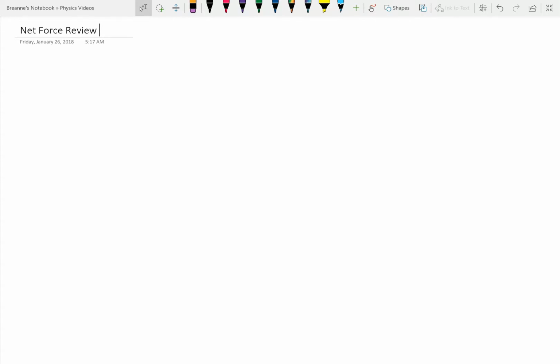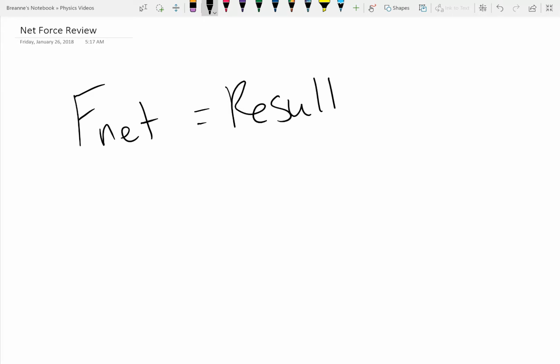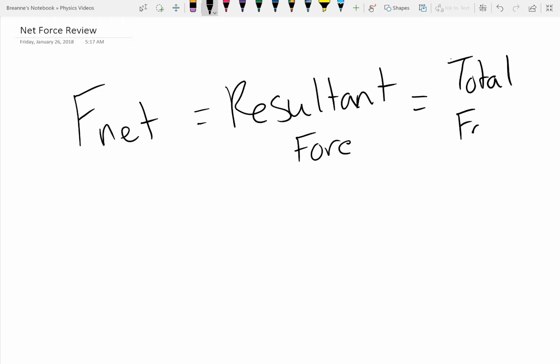That's also resultant force, that's also total force. So remember, net force, resultant force, and total force all mean the same thing.